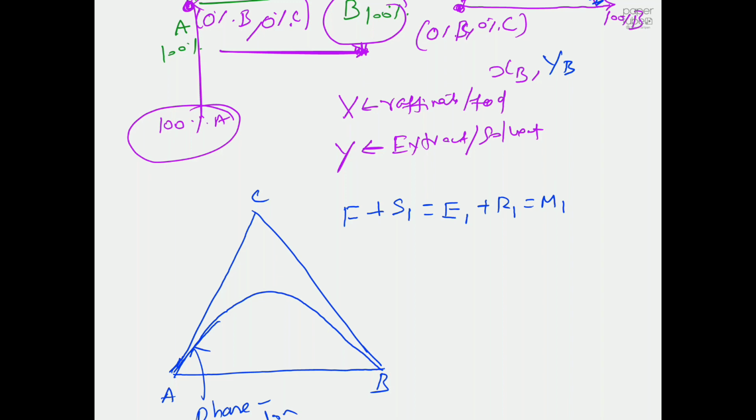R1 is equal to M1. I call this equation 1, and then we also have F xF plus S1 yS is equal to E1 y1 plus R1 x1, equal to M into xM1. I don't remember what's the equation number, I call this equation 2.